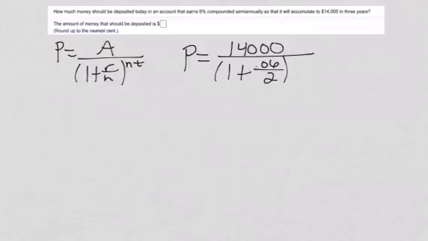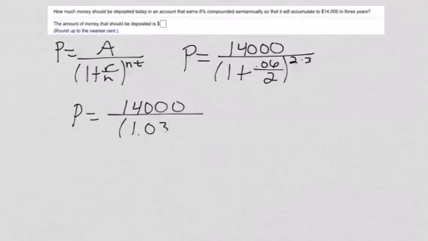And then raised to the 2 times the number of years, which is 3, so 2 times 3. Now we're just going to start cleaning this up a little bit. And so we get P equals 14,000 divided by 0.06 divided by 2 is 0.03 plus 1. So that becomes 1.03 raised to the 2 times 3 is 6, so raised to the 6th power.